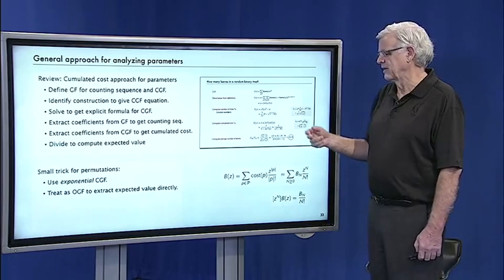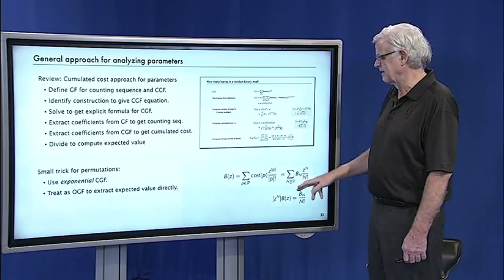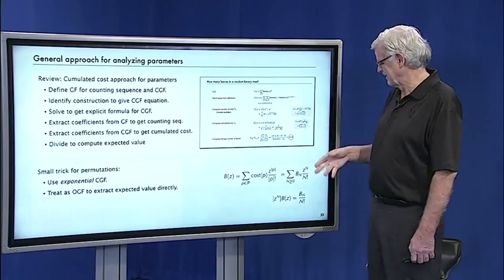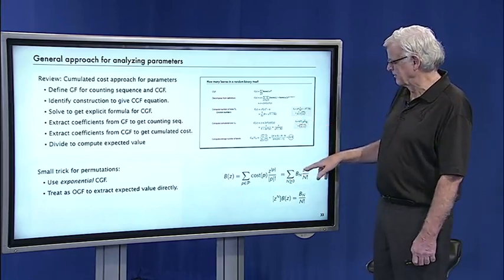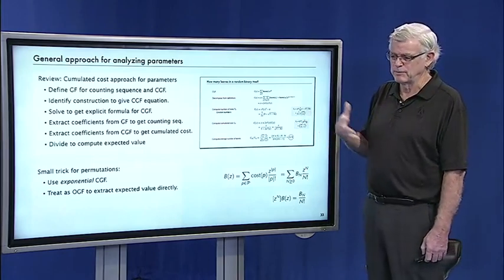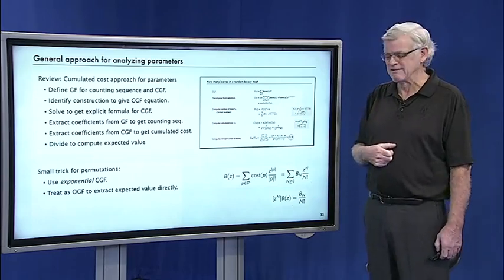Now what we'll do is treat that as an OGF to get the expected value out directly. B sub n is the total cumulated cost. That's the total cost for all permutations of size n. B sub n over n factorial is the average.